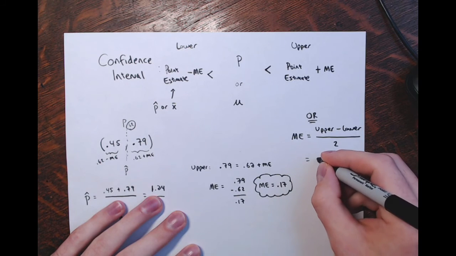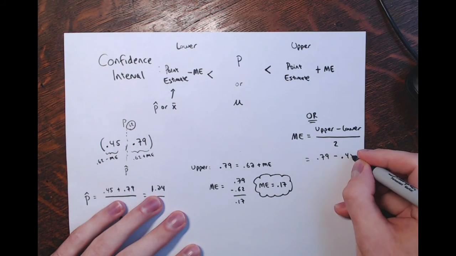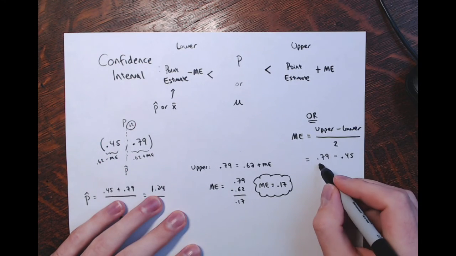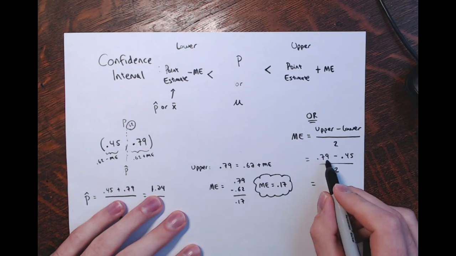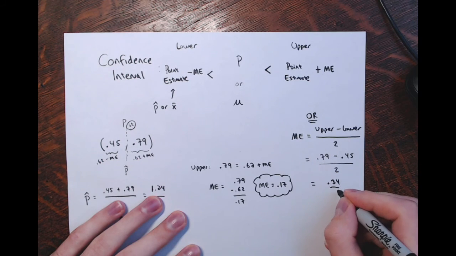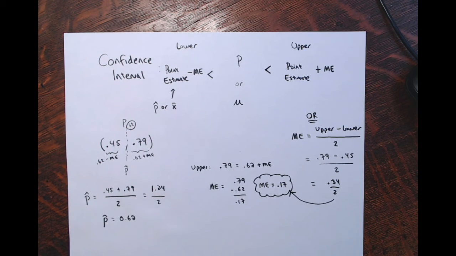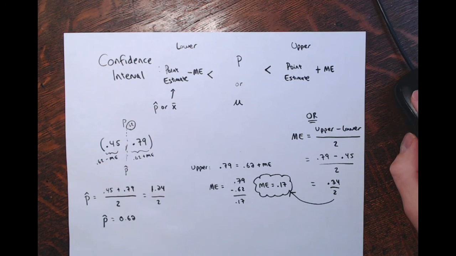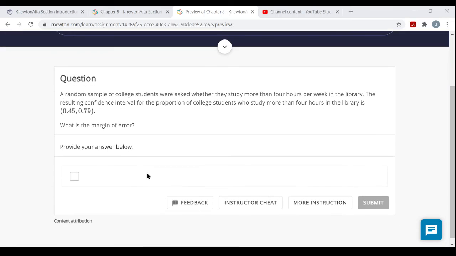What's 0.79 minus 0.45? That's 0.34, and cut in half is indeed 0.17. So those are two alternate methods for finding the margin of error when you're given a confidence interval.